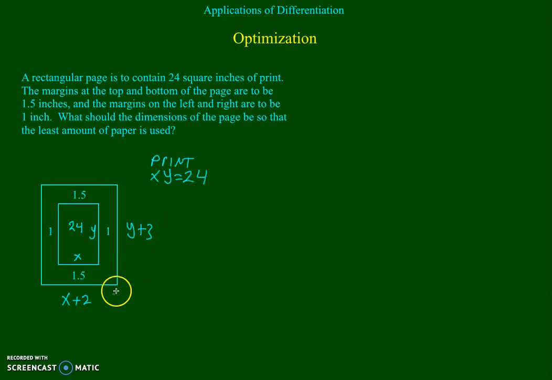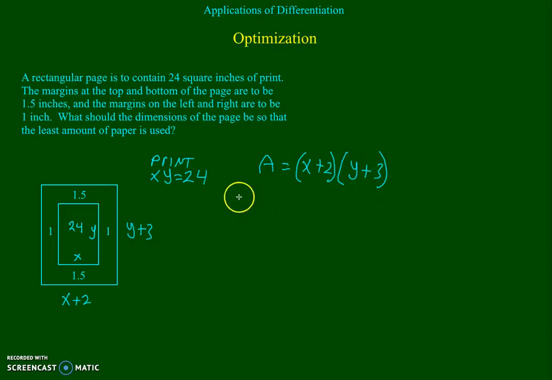So the area is going to be the length times the width: X plus 2 times Y plus 3.